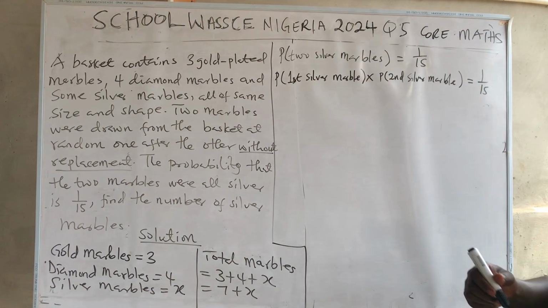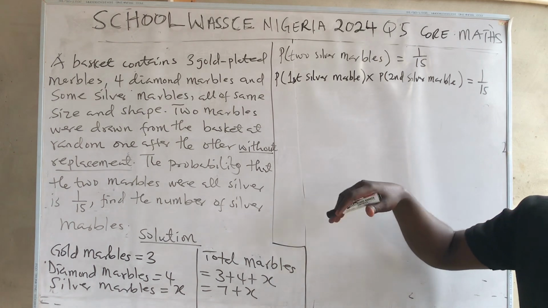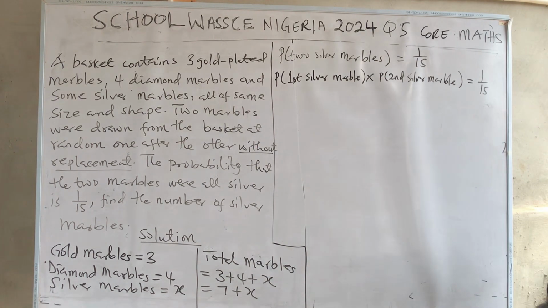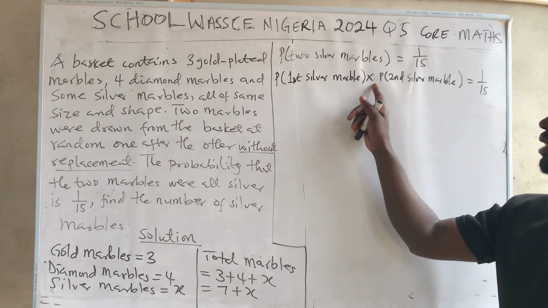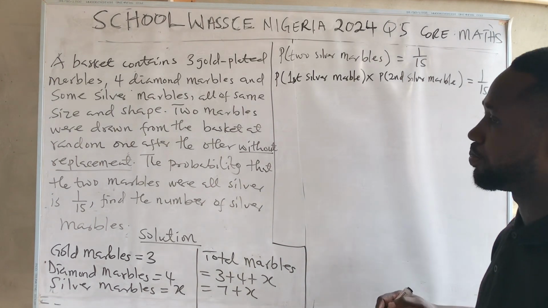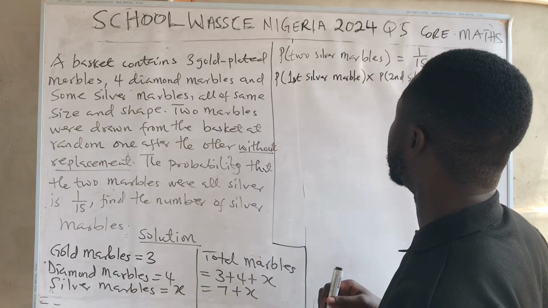Because the first is silver and the second is silver, so the probability of the first silver, and is multiplication. Alright. So the first is silver and the second is also silver. Okay. So let's look at the probability of the first being a silver.